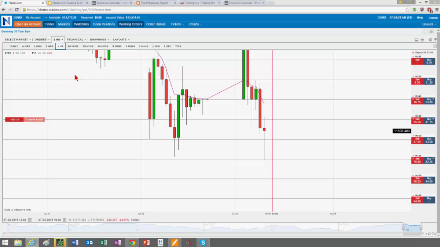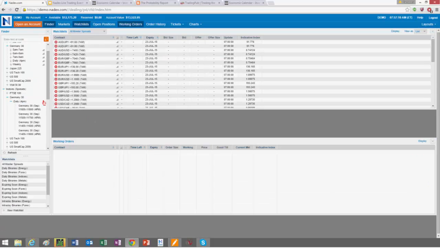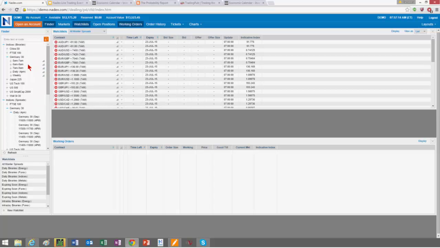So just to show you where to find that, I'm going to exit out of this chart for a second and show you how I found it. When you do this strategy, I was looking for the 7 a.m. to 9 a.m. time frame, so that's right here.